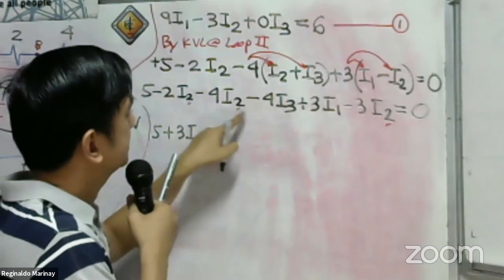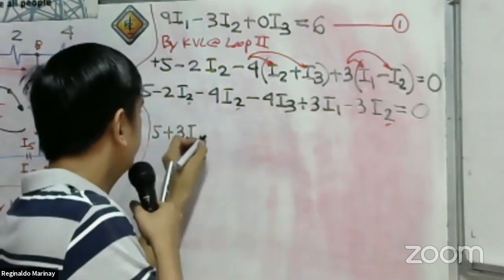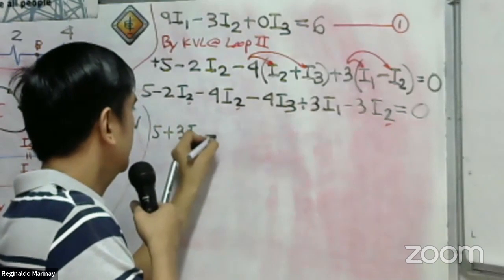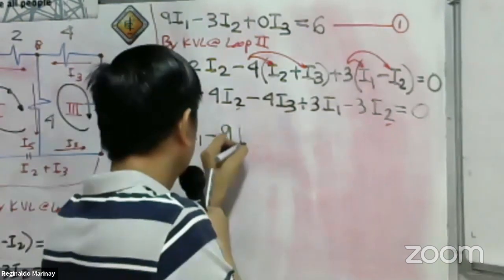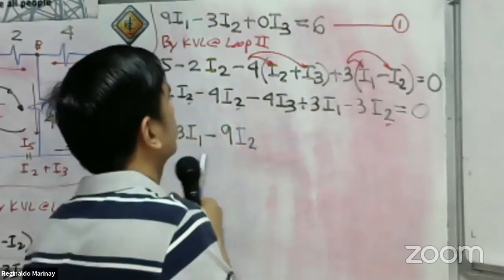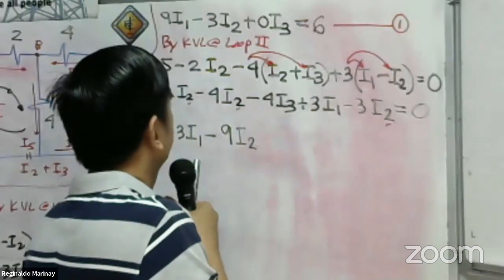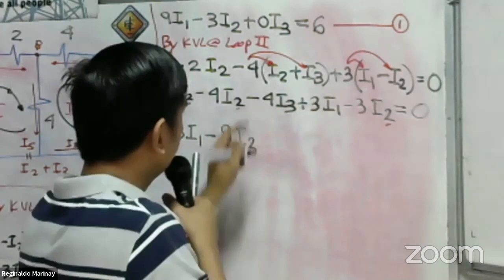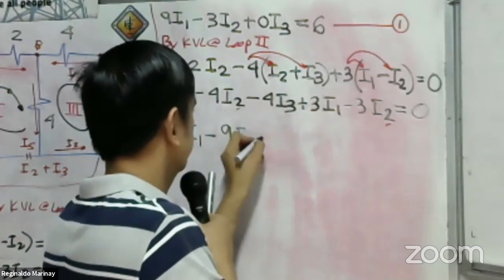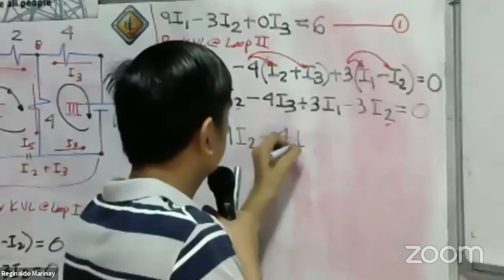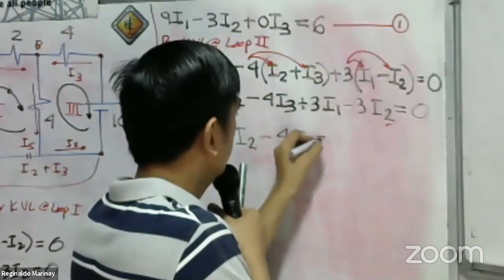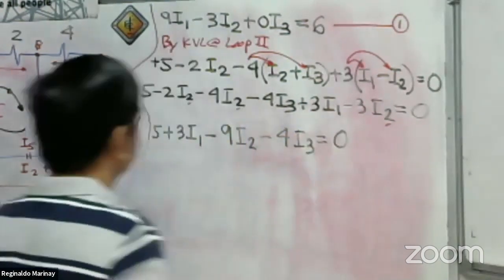Negative 6. And negative 9. That should be negative 9 I sub 2. Okay? Then we have negative 4 minus 4 I sub 3. That is equal to 0.